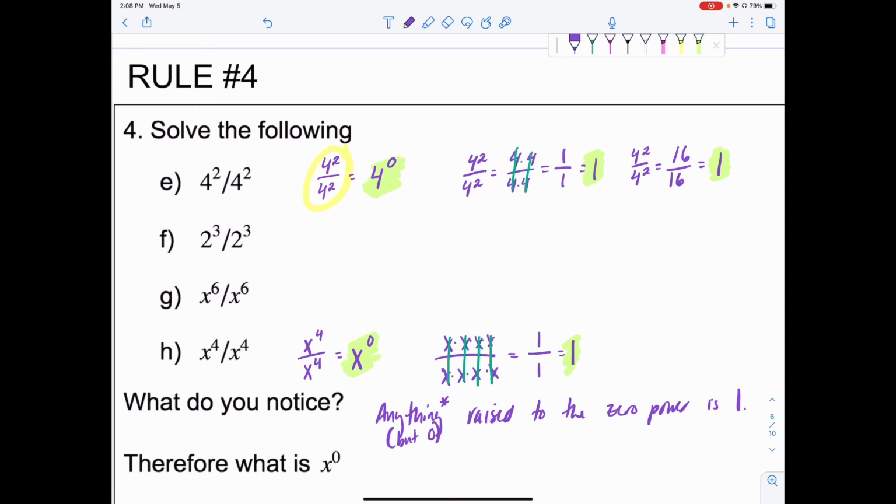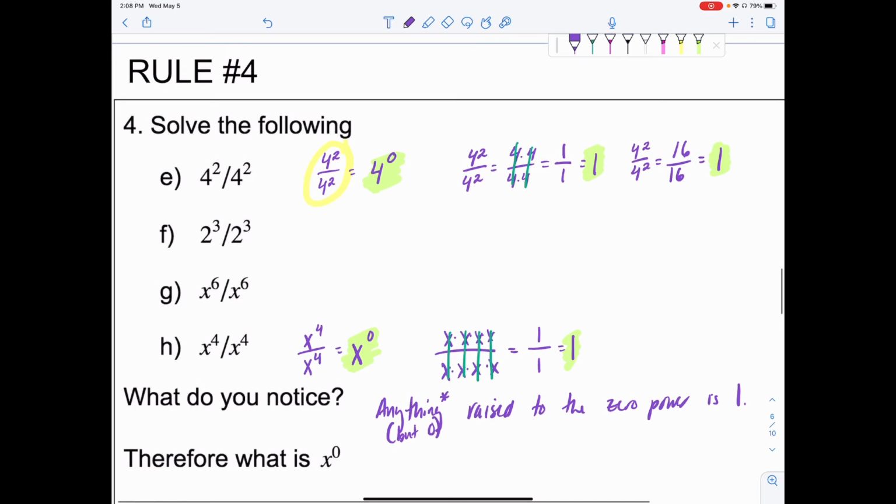If we had 5 million and we raised it to the 0 power, it's just going to be equal to 1. So x to the 0 power is 1. So as we're simplifying with our exponents, whatever is being raised to the 0 power, we can simplify that to be 1.